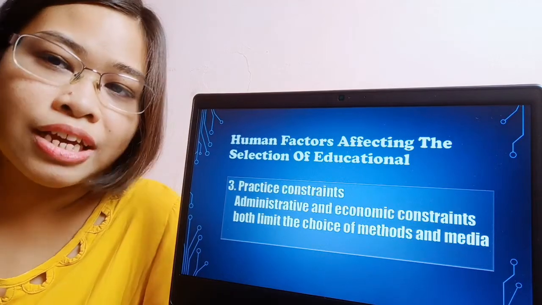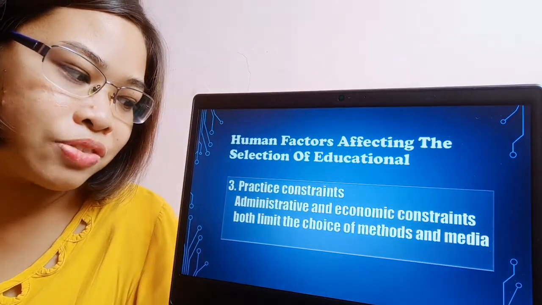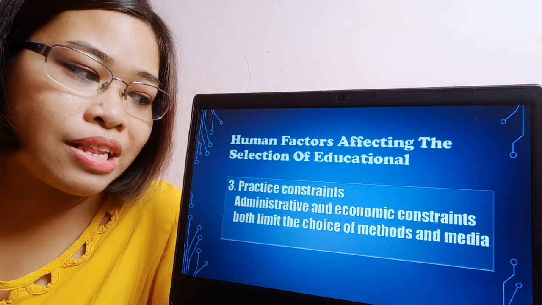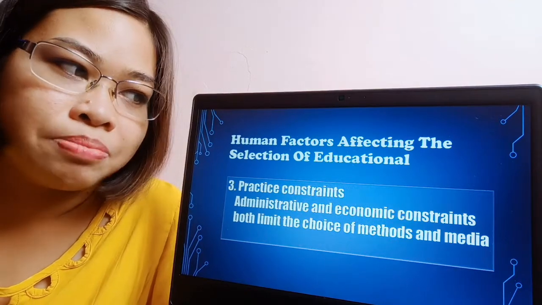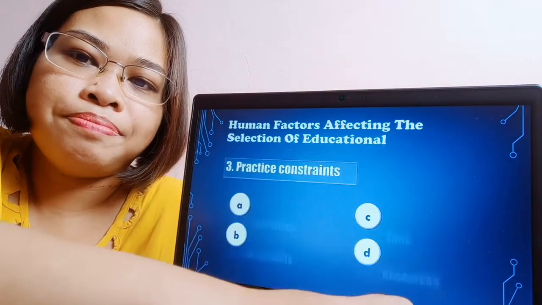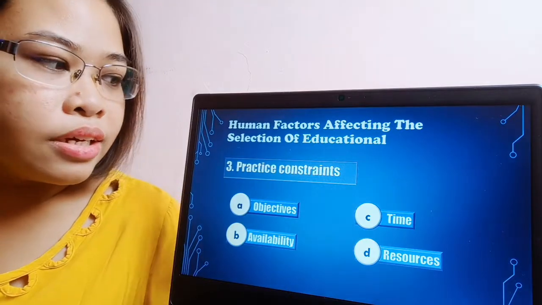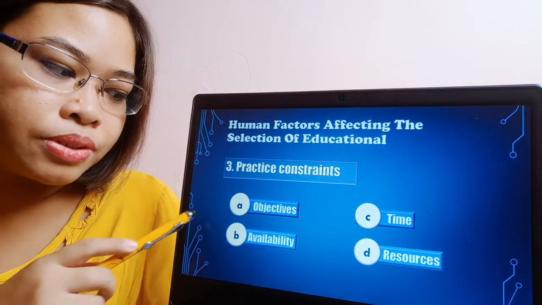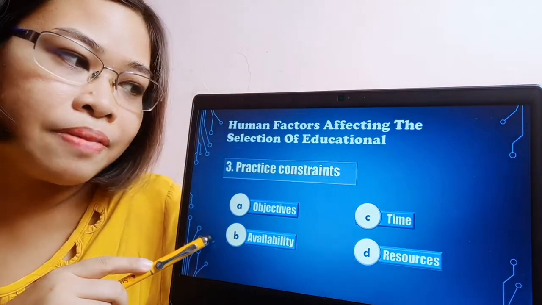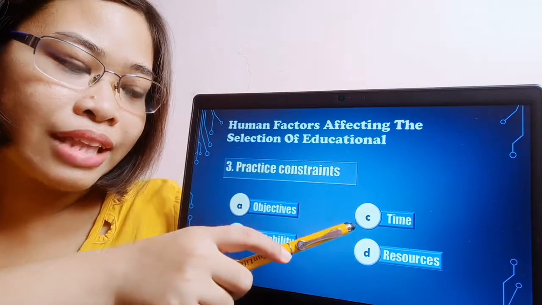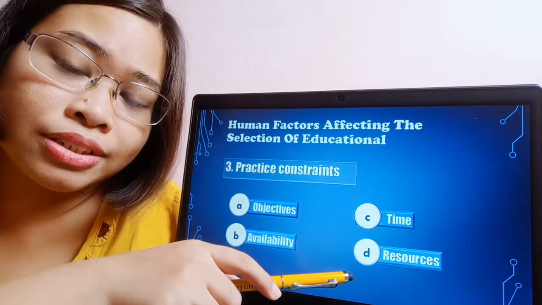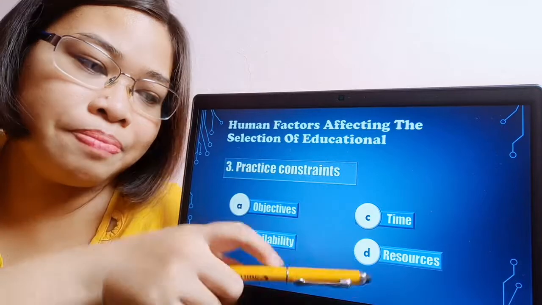This includes the administrative and economic constraints, which both limit the choice of methods and media. And these are the objectives, availability of the media, the time, and the resources that are available.